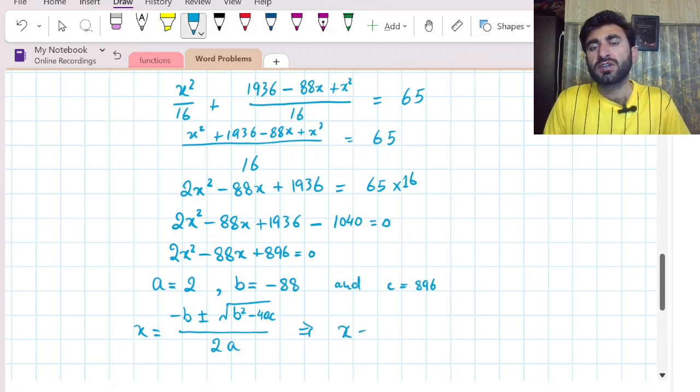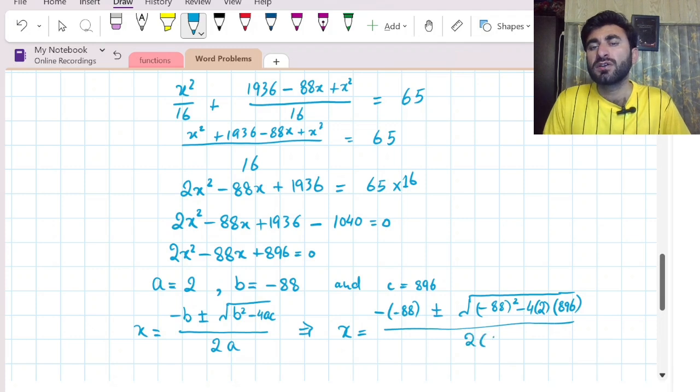So x should become minus times negative 88 plus minus the square root of the square of minus 88 written in parenthesis minus 4 times a, which was 2, and c, which was 896, divided by 2 times a, which will be 2 times 2.